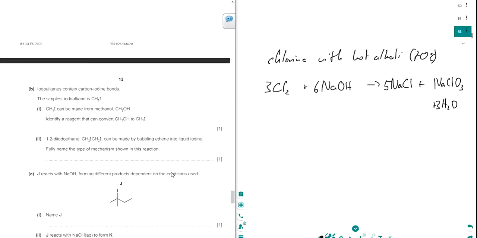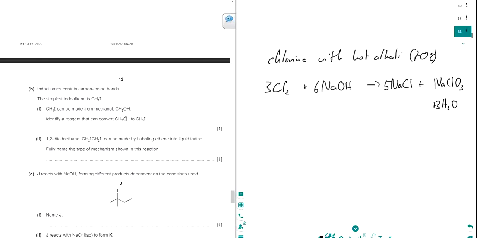Right, for B, iodoalkanes contain carbon-iodine bonds. The simplest iodoalkane is CH3I, iodomethane, and that can be made from methanol, and we need to identify the reagent that can convert methanol into iodomethane.